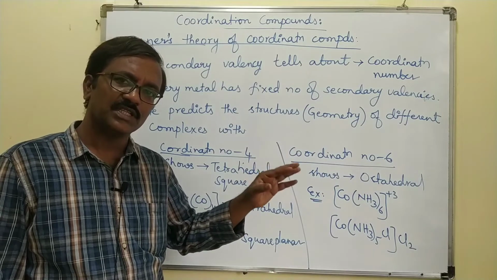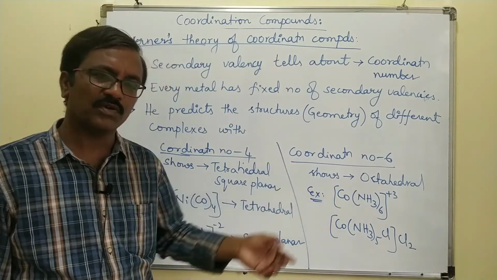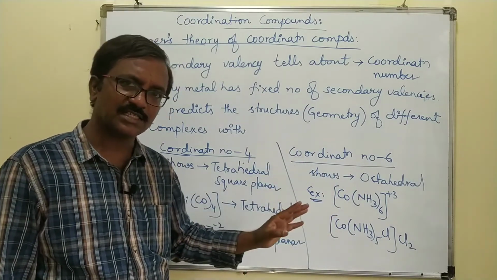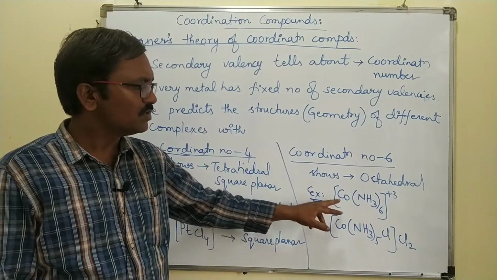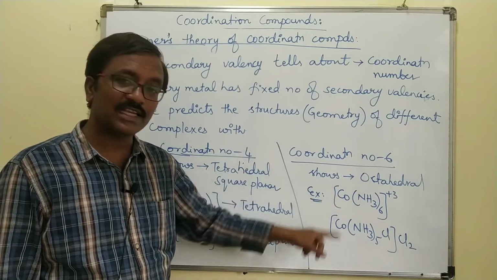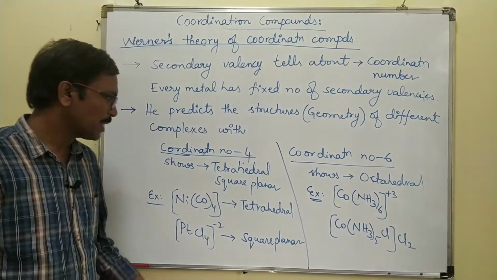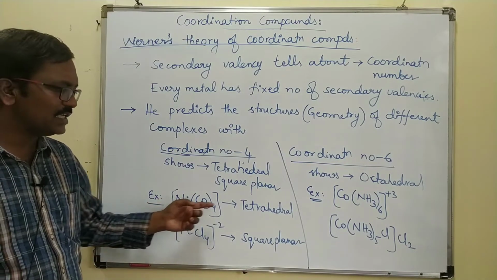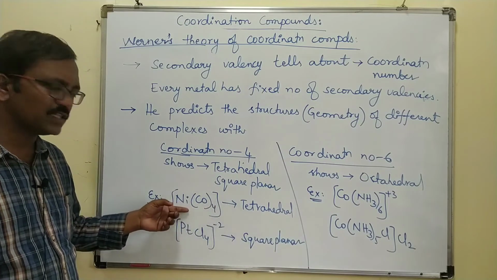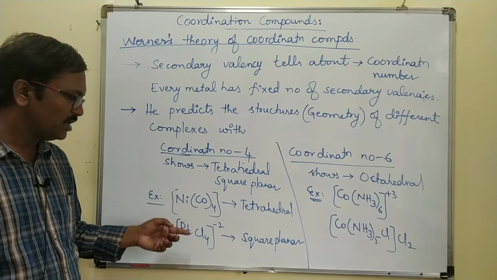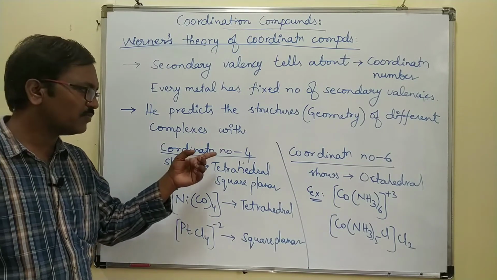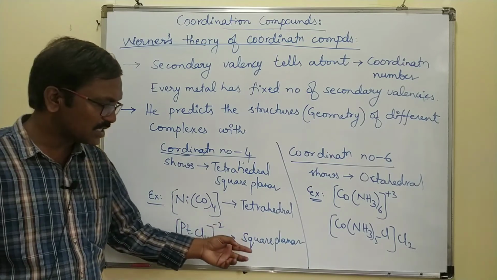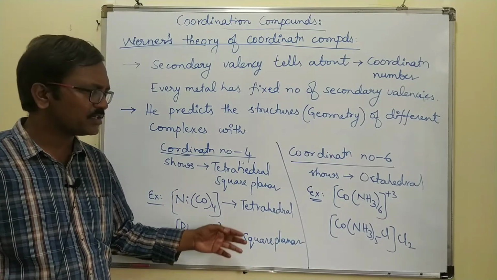According to him, the coordination number of cobalt is 6, right? So that 6 is called the secondary valency. For coordination number 4, nickel shows tetrahedral geometry. Platinum also shows coordination number 4, but the structure is square planar.